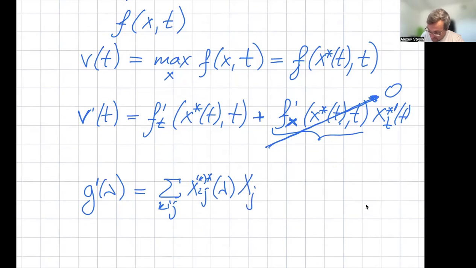Then we have x_j d_ik minus d. And this should be equal to 0. This is the condition for the optimum here.